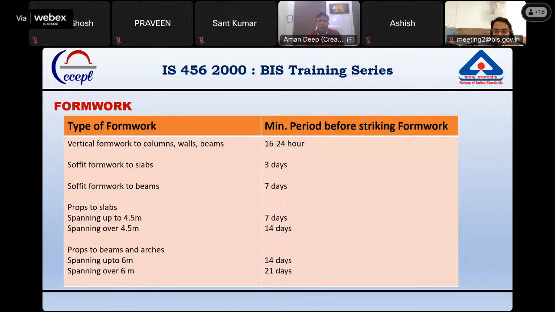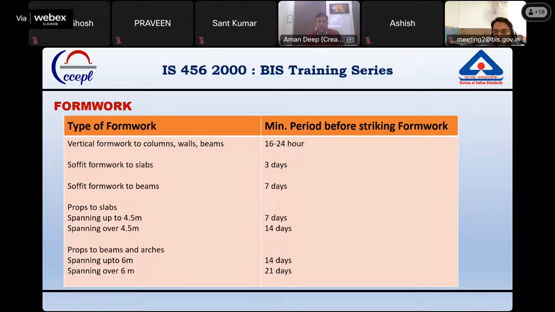For soffit of beams, 3 days, and for soffit formwork of beams, because we will provide the supports back, 7 days, and props to the slabs. If it is a small span, then we can remove in 7 days. If the spans are more than 4.5 meters, we can consider waiting 14 days before we strike out the formwork.